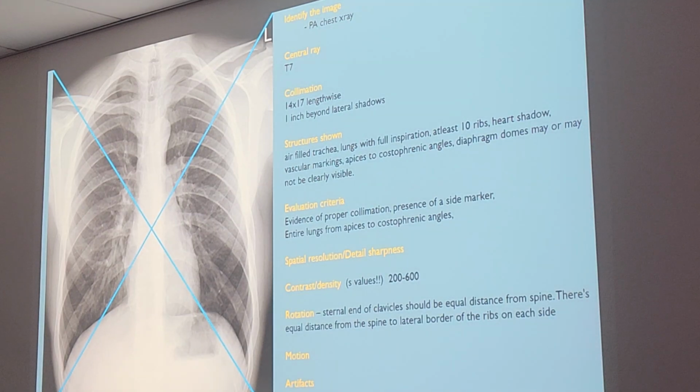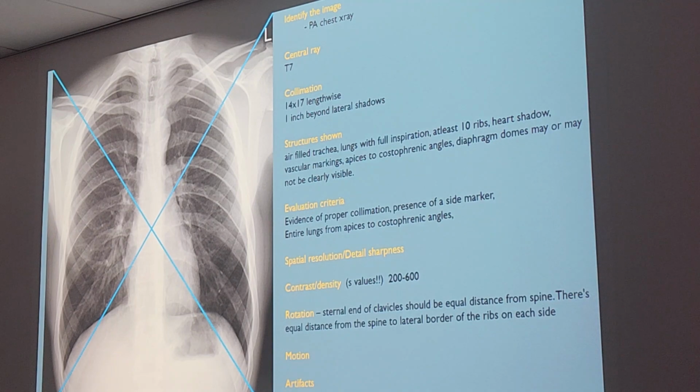Optimal should have 0, but if you put an image up there and I find 1, it's not gonna count against you. Does that make sense? You can have a maximum of two. I'll send you this PowerPoint so you don't have to memorize all this.